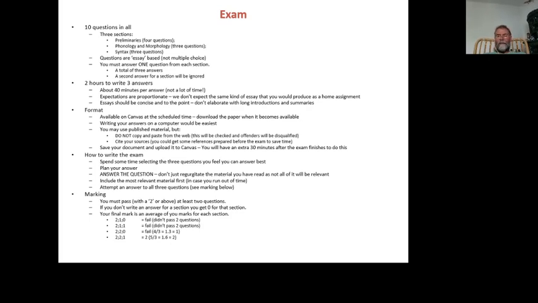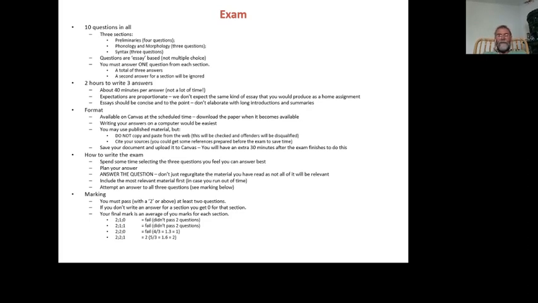On the other hand, suppose you write three answers, two of them get a 2 and one of them is a fail. Okay, so you've passed two, so it's a possible pass. This time, 2 plus 2 plus 1 is 5. 5 divided by 3 is 1.6, and that gets rounded up to a 2. So you actually passed the exam by at least just attempting to write that third answer.